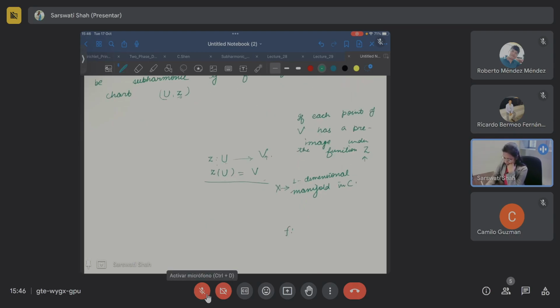Okay, suppose you are defining a function from A to B such that f of A is unique for all A belonging to capital A, then what do you call it?